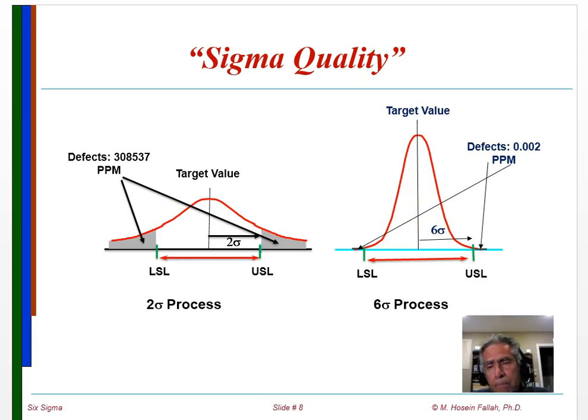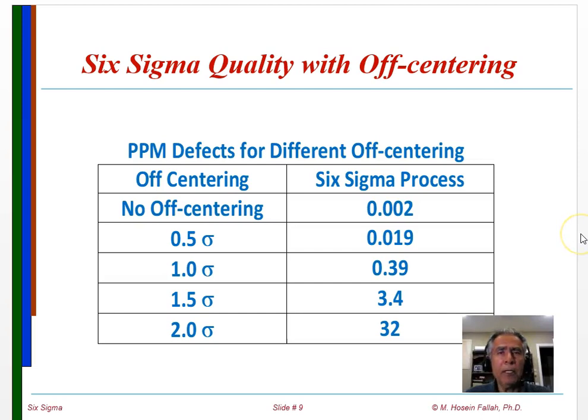Now, the effect of off-centering that Motorola allowed in defining this Six Sigma program of quality is depicted in this chart. If you don't have any off-centering, as I showed in the previous chart, the parts per million defects is only 0.002.